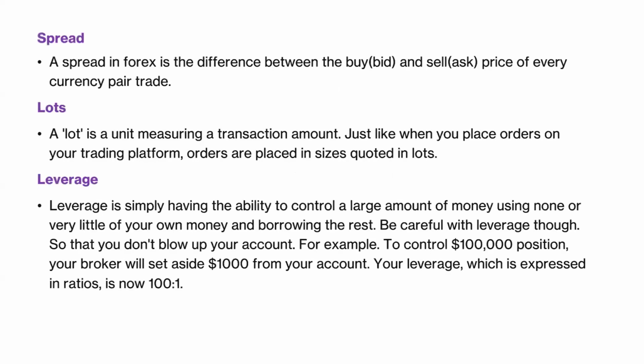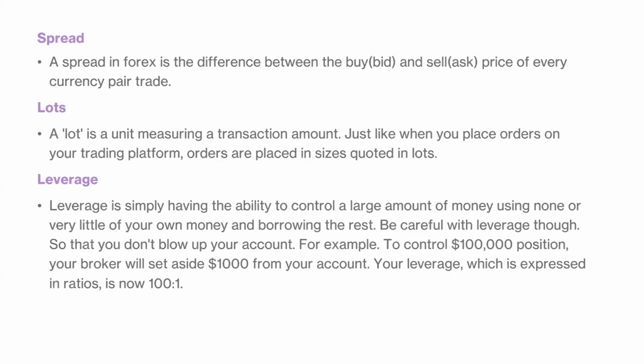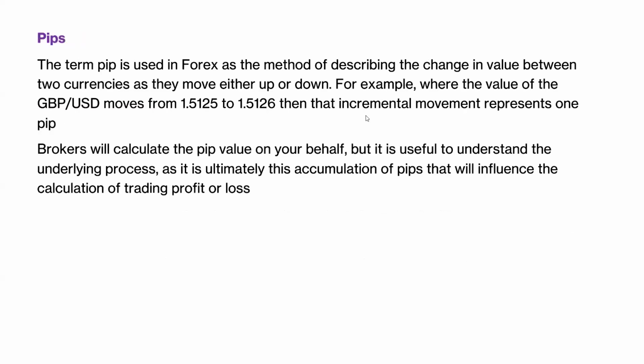Now there is spread. A spread in Forex is the difference between the bid and the ask price of every currency pair. So let's say you want to buy GBP USD at 1.5125, and then your broker offers you GBP USD at 1.5126 or 1.5127.